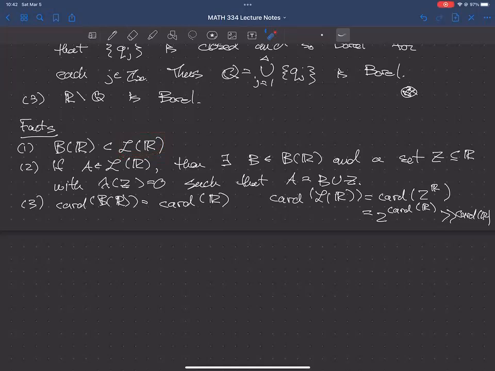Well, it's not that easy. It's going to be some subset of measure zero by this property here, or it's going to be a Borel set union with a set of measure zero. So you may as well just restrict to the measure zero part. And it's actually not that much easier to provide an explicit example of a Lebesgue measurable set that's not Borel measurable. But these are things that won't really concern us very much.